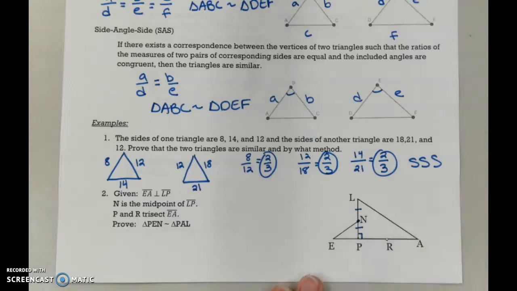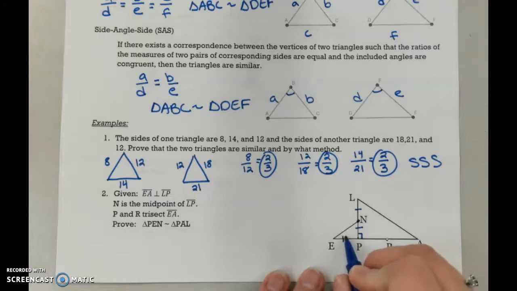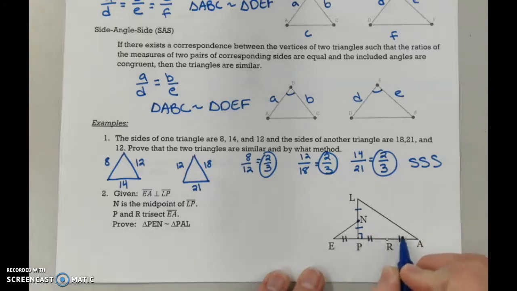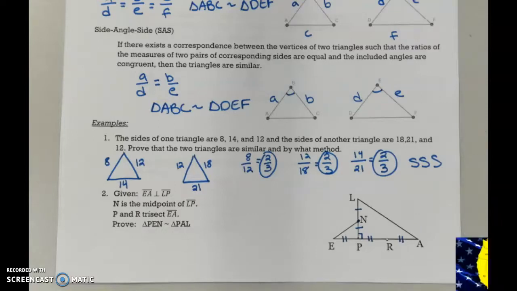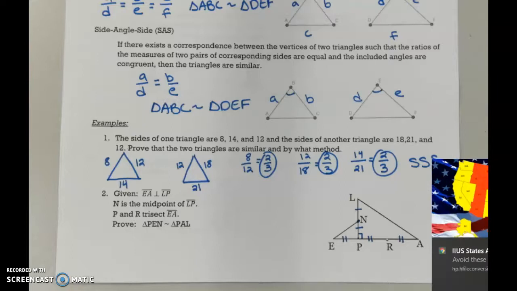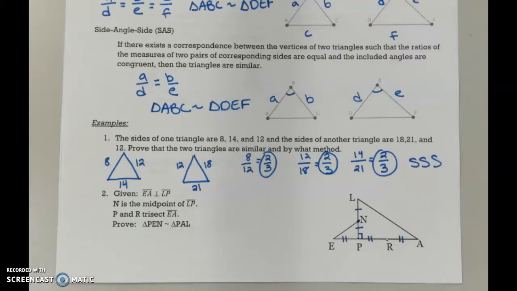So P and R trisect, which means it divides it into 3 equal parts. So these 3 segments are congruent. And I want to prove that triangle PEN is similar to triangle PAL. I'm not going to use a formal proof, I'm just going to use what we know about ways that we can prove triangles are similar and talk through it and make some notes.